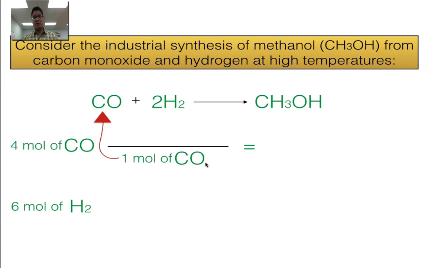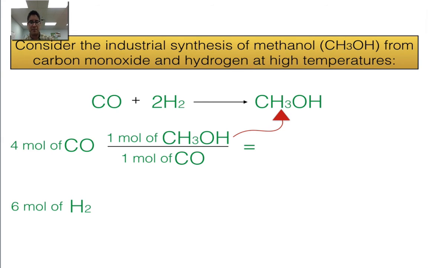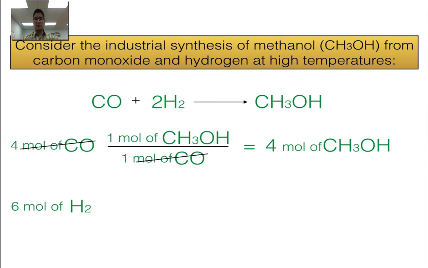I want the mole of carbon monoxide in the denominator so I can eliminate that unit and get my desired unit of moles of methanol. So it's basically 4 times 1 over 1, which is 4 moles of methanol, just like I concluded earlier.